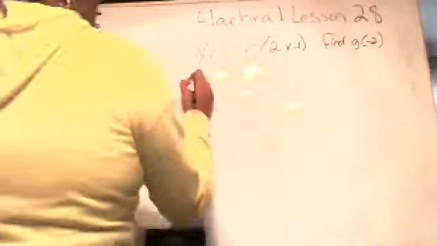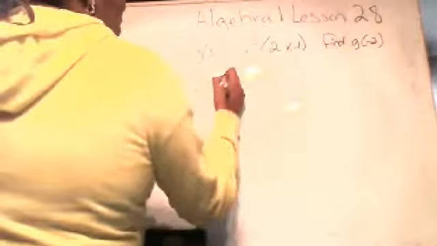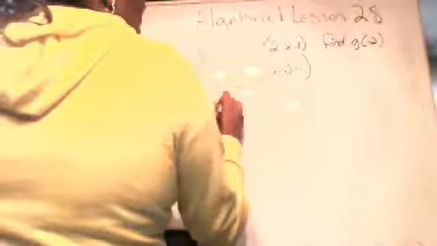So we simply say g of negative 2 equals negative 2 squared times 2 times negative 2 minus 1. G of negative 2 is equal to 4 times negative 4 minus 1 equals 4 times negative 5. And then we can say g of negative 2 equals negative 20. As simple as that. We get the same thing.